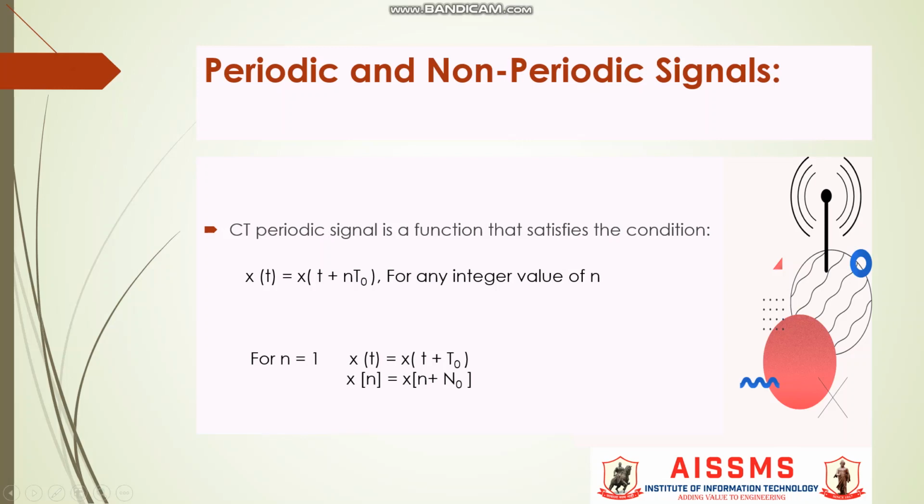When n is 1, the periodicity formula for CT signal is given as x of t is equal to x of t plus t naught. And for DT signal it is given as x of n is equal to x of n plus n naught. The smallest possible value of t0 for CT signal and n0 for DT signal that satisfies the periodicity condition is called the period of the signal.